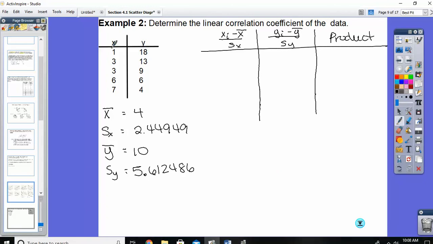So for instance, for my first X, my X sub I is a 1. My X bar is a 4, so I'd put that in parentheses, divided by the standard deviation of X. And let's just go to 4 decimal places.